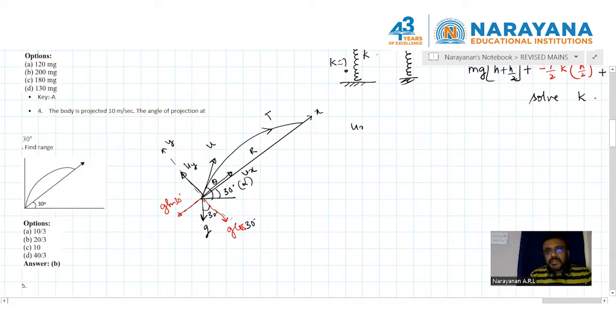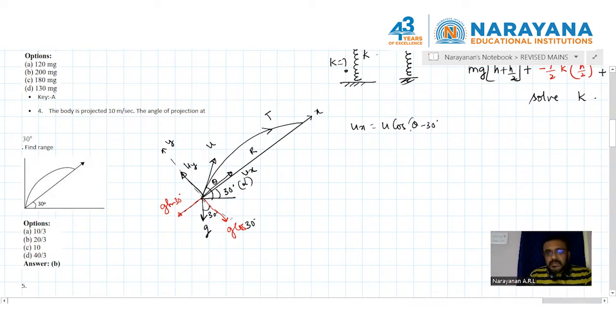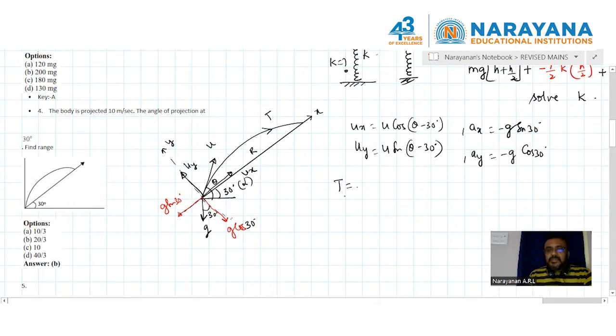So what are the equations we have? ux is u cos(theta minus 30), uy is u sin(theta minus 30), ax is minus g sine 30, ay is minus g cos 30. First you calculate range, time of flight.